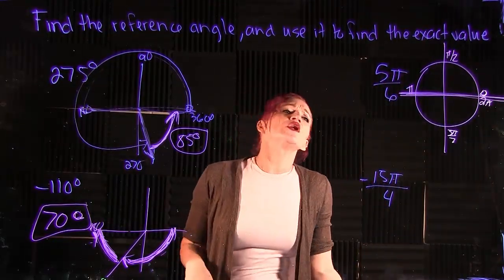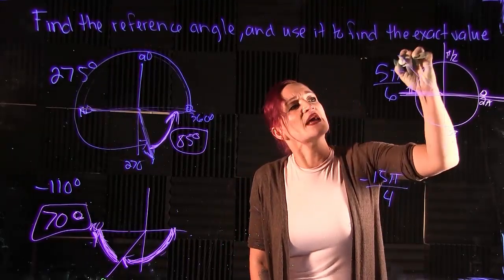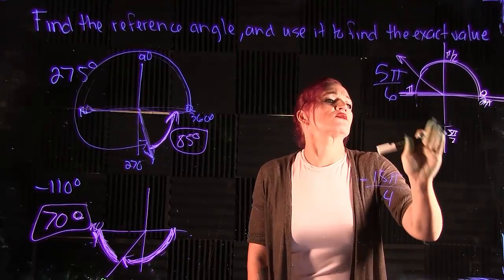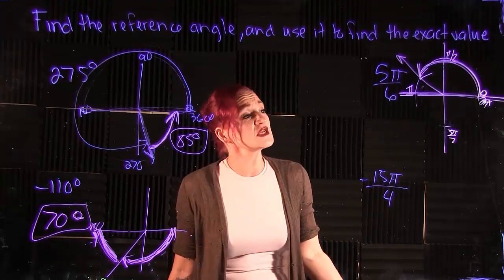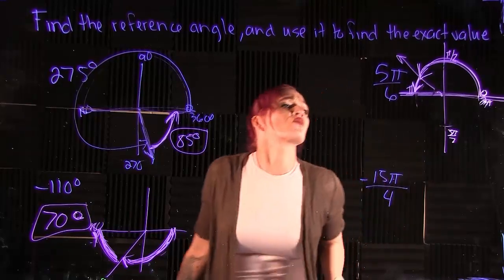If we're looking at 5 pi over 6, that angle is going to look like this right here. If we start at 0 and we loop around here, that's about what 5 pi over 6 is, which means our reference angle is this little angle right over here.